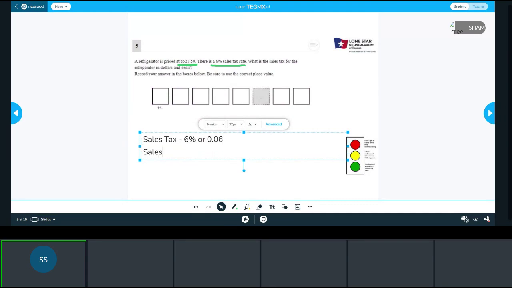And then in order for me to find sales tax, I will do the 6%, 0.06, times the price of the item. The price of the item is 525.50. In order for you to make the multiplication easy, if you want, you can drop the 0 off, right? And you go ahead and multiply and see how much you end up getting.